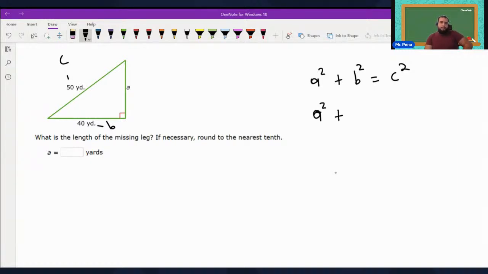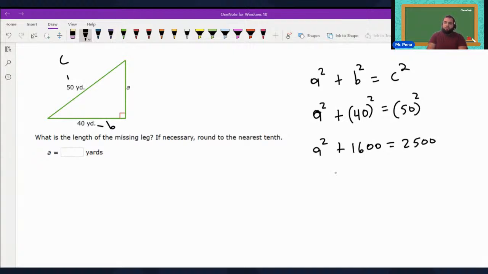What is B? 40 yards squared. What is C? 50 yards squared. Now we do A squared plus 40 times 40, which is 1600. 50 times 50, 2500.